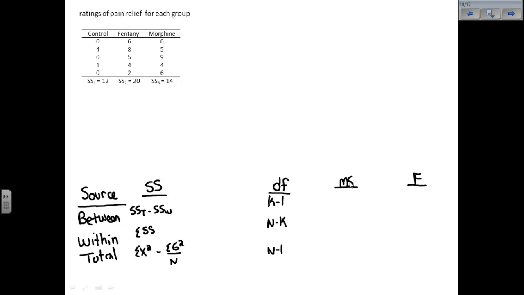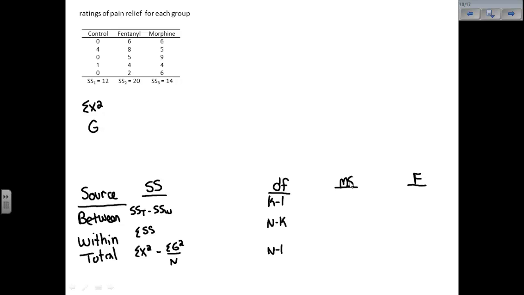Okay, so if I'm looking at my formulas, I know that I need to find my sum of x squared. I need to find my g.